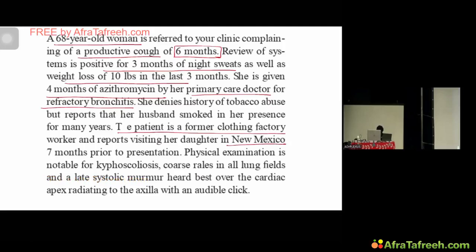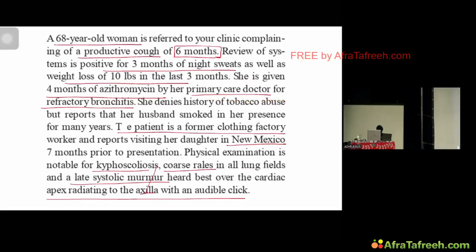Otherwise the patient has kyphoscoliosis, coarse crepitations in all lung fields, and there is a late systolic murmur radiating to the axilla with an audible click. So this is not so significant for the present history, but the patient is having a history of productive cough for 6 months and symptoms of night sweats.